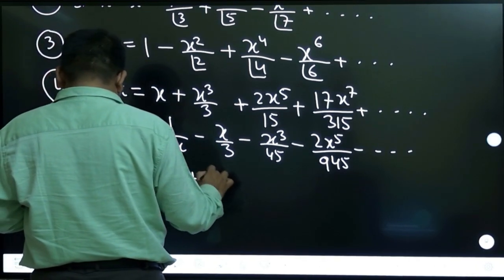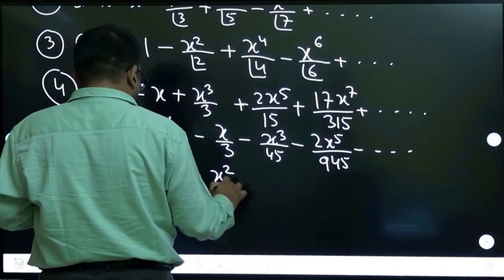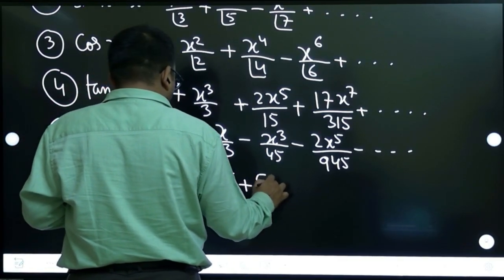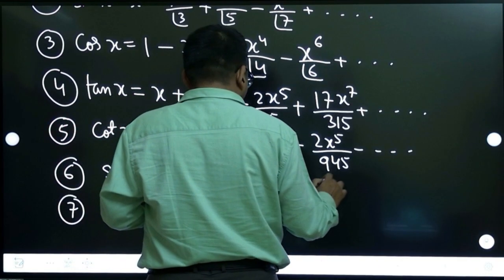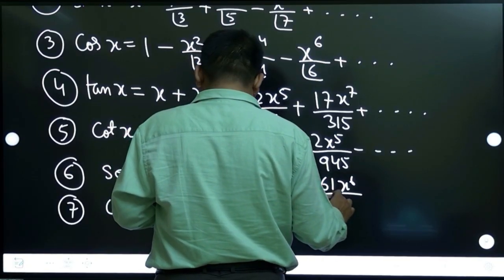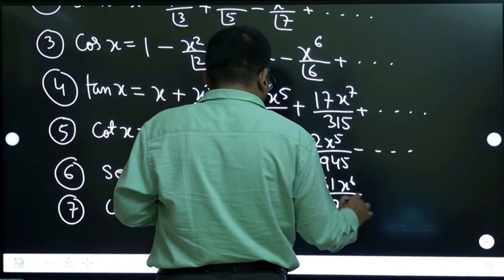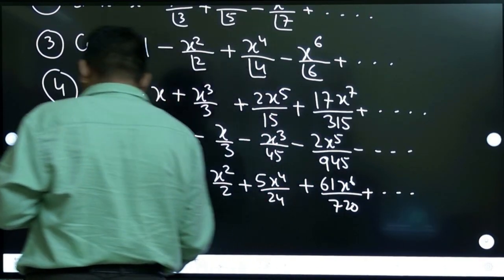Secant x is 1 plus x square by 2 plus 5x power 4 by 24 plus 61x power 6 by 720 and so on.